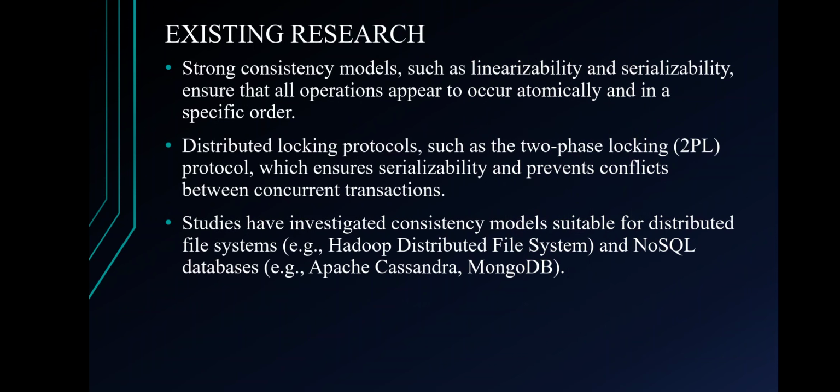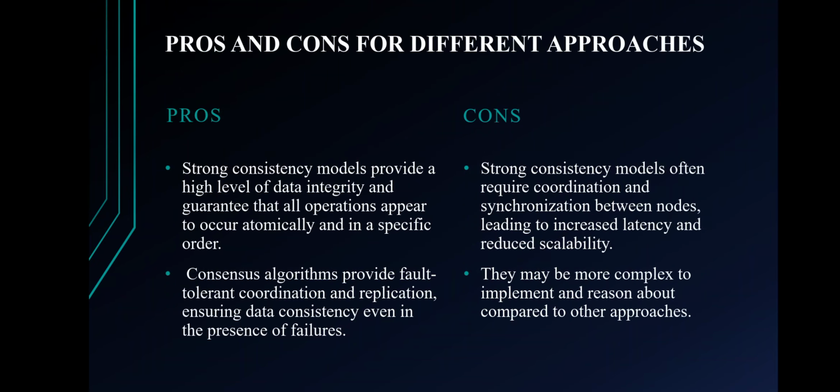And existing research. What existing research has been done in distributed database management systems? First of all, strong consistency models such as linearizability and serializability ensure that operations appear to execute atomically and in a specific order. And now we are going to see the pros and cons of the different approaches.